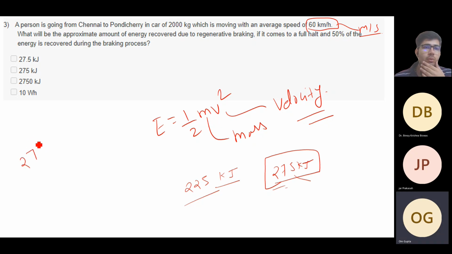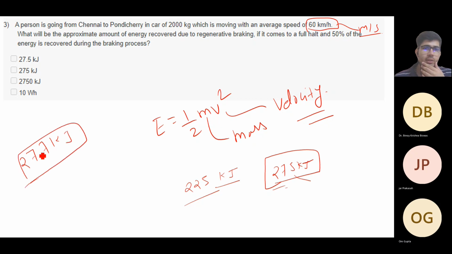You are getting 277 kilojoule. Okay. Have you considered this 50% also? 50% of the energy recovered during the braking process. Yeah, 50% I have not considered. Okay, so 50% of this, so 150. No, but that is not the option.